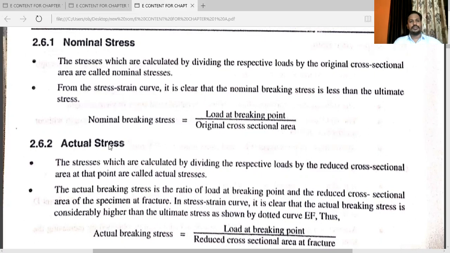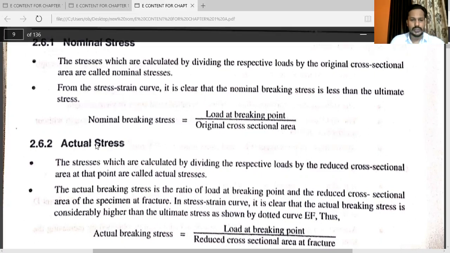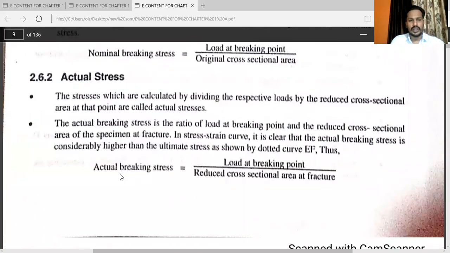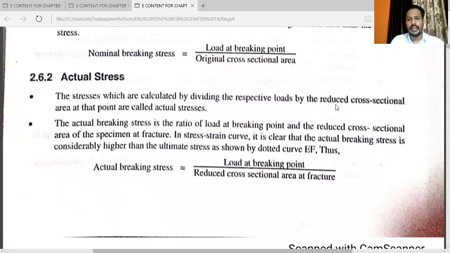Actual stress, this one is the nominal stress, this one is the actual stress. Actual stresses are the stresses which are calculated by dividing respective loads by the reduced cross-sectional area at the point. The actual breaking stress is the ratio of load at breaking point and the reduced cross-sectional area of the specimen at fracture.